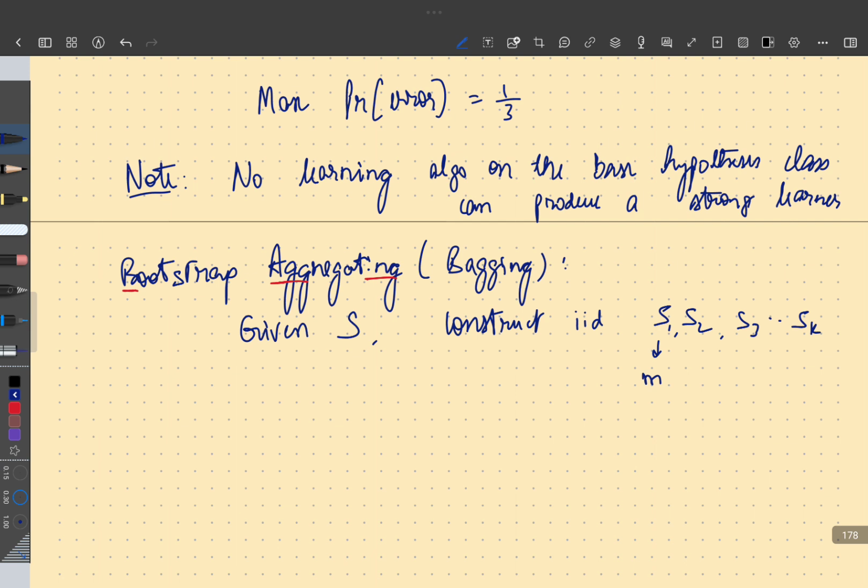And for each Si, you are going to construct base classifiers h1b, h2b up to hkb. So these give you k different base classifiers. Hopefully each of these base classifiers is going to achieve a probability of error which is strictly less than half.